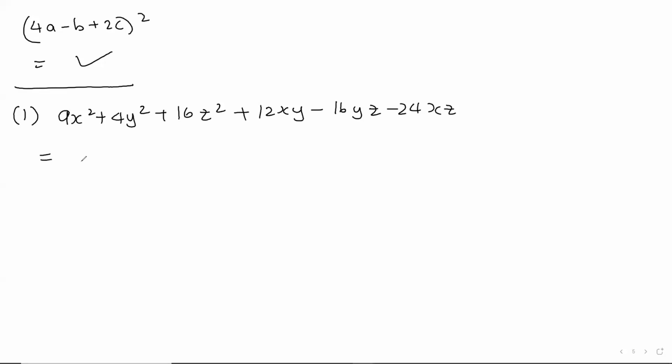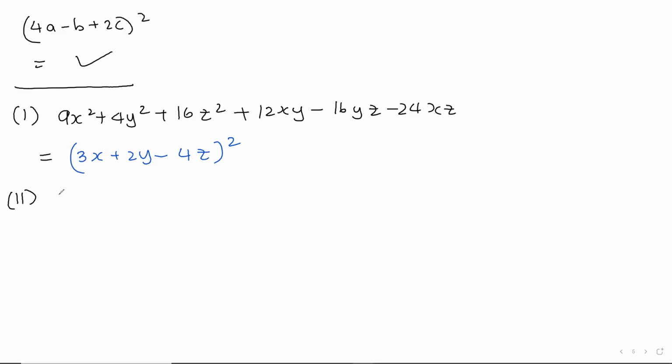Yes, Hamna? Ma'am, my answer is 3x plus 2y minus 4z whole square. Okay. That's very good. And I hope you did this on your own. You didn't take any help? No, ma'am, I didn't take help. Okay. Excellent.